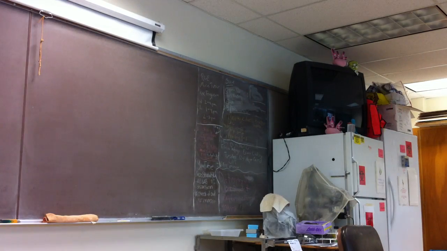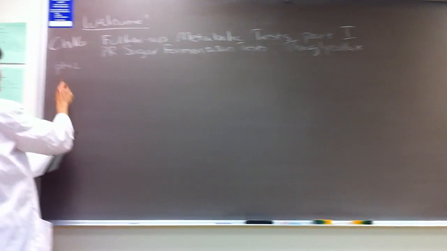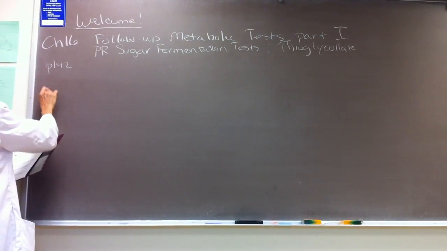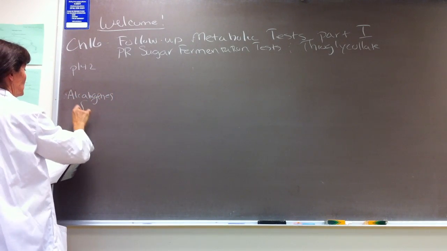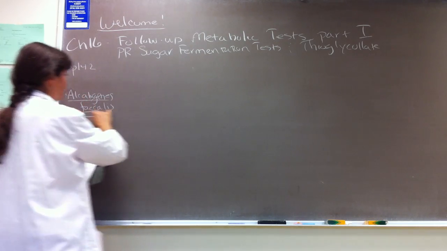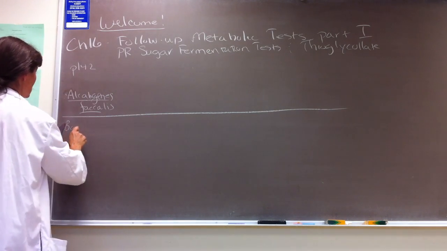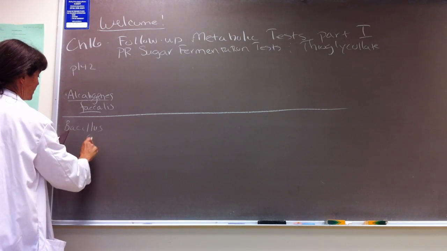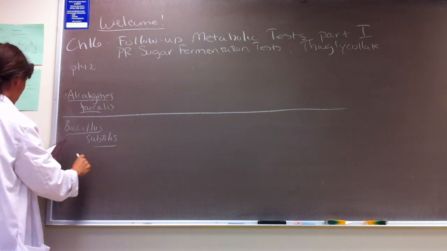So you recall last time, and this is just the table on page 142, we had our organisms: Alcaligenes sputalis, Bacillus subtilis, and E. coli.